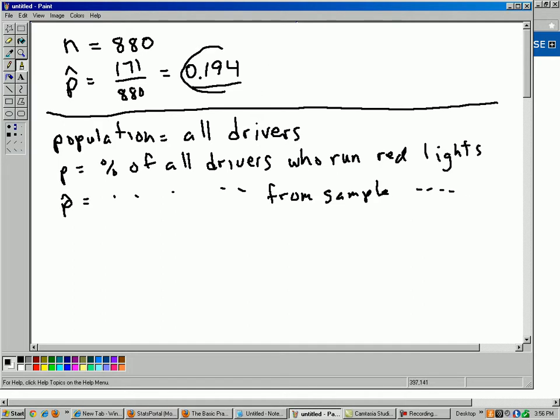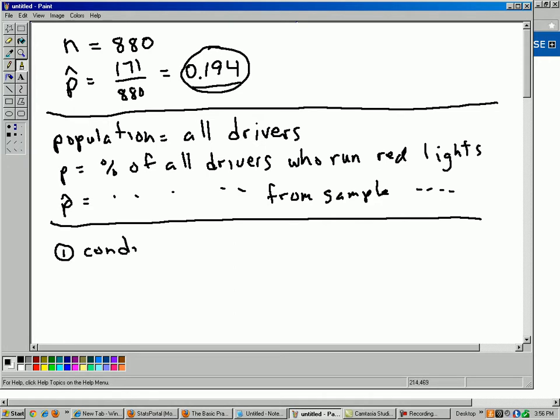That is 0.194. Okay, now with confidence intervals, I mentioned there's a 4-step process. Step 1 is check the conditions. Step 2 is decide what is that critical z-score, and that depends on your confidence interval.